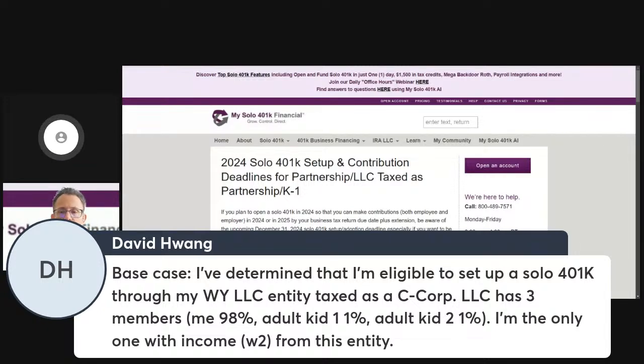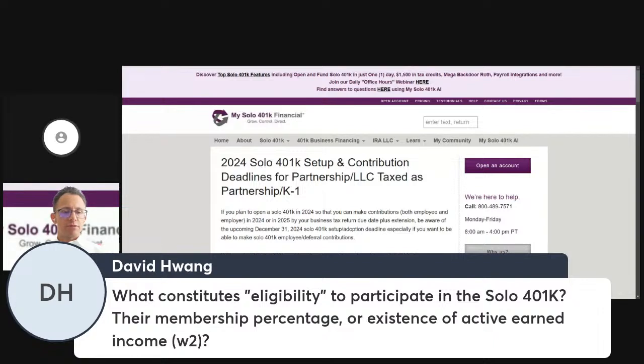Okay, let's take a look at another question here from David. What constitutes eligibility to participate in the solo 401k? Their membership percentage or existence of active earned income? So again, a solo 401k is for owner-only businesses. So the adult children have to be both owners, so 3% or more owners, and W-2 employees in that business in order to contribute to the solo 401k plan.